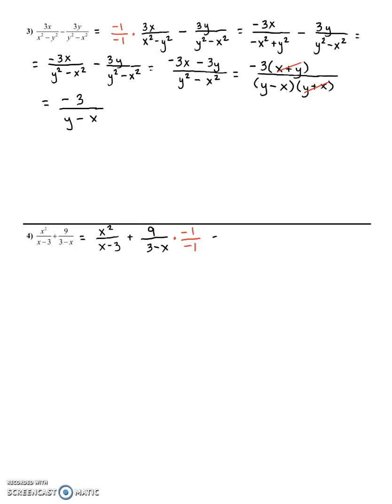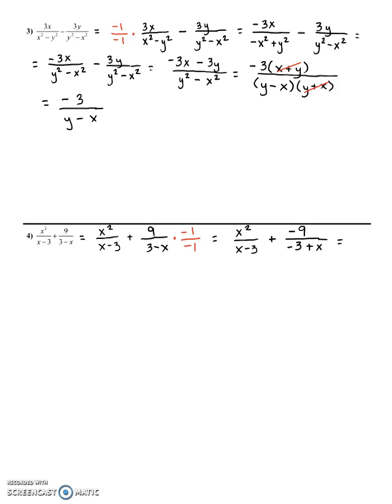So when we do that, we have x squared over x minus 3 plus a -9 over -3 plus x. Remember, we have to distribute that -1 through all the terms in the denominator.